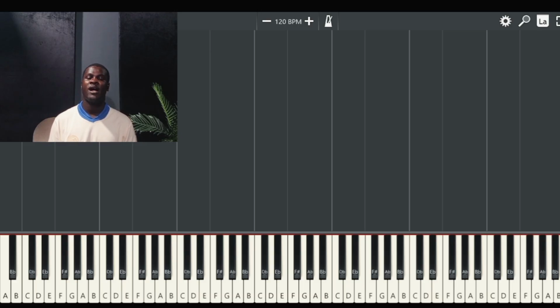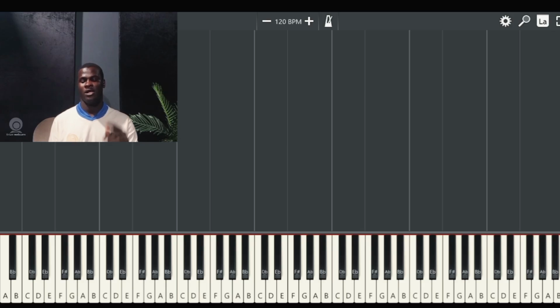So what are natural keys and what are sharps and flats? Music makes use of the first seven letters of the English alphabet to represent keys. And what are those first seven letters?